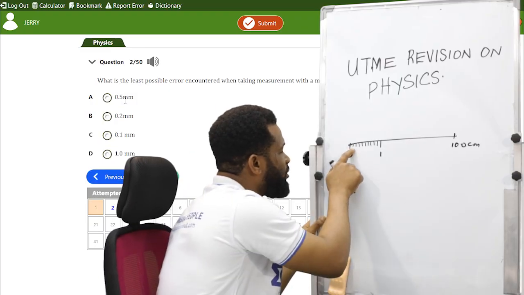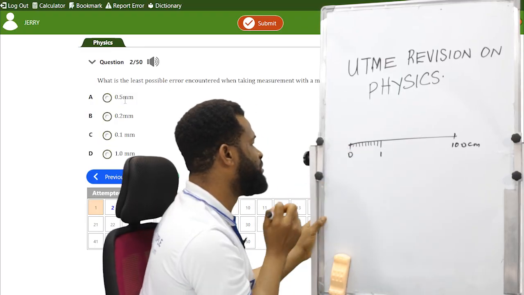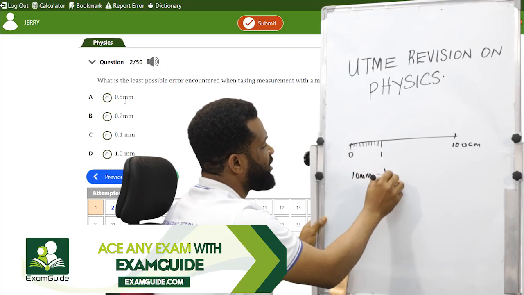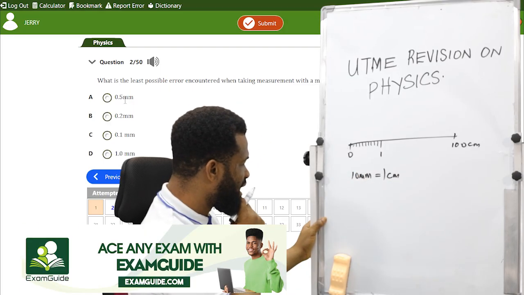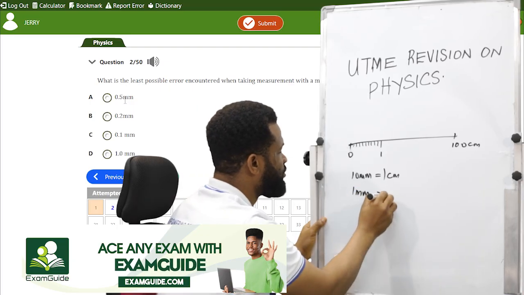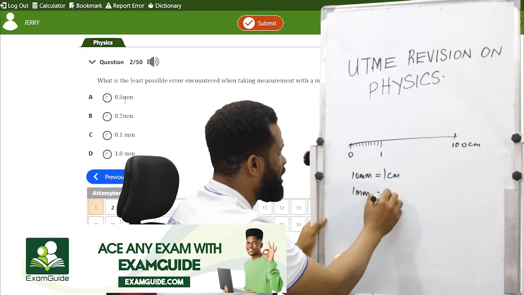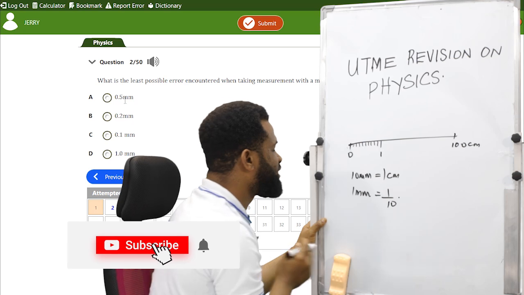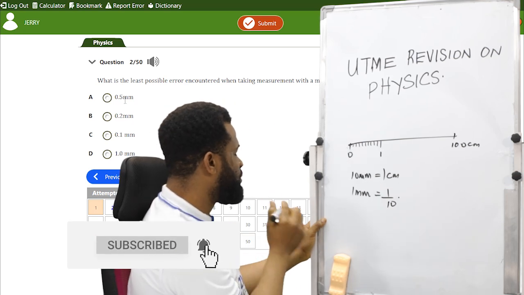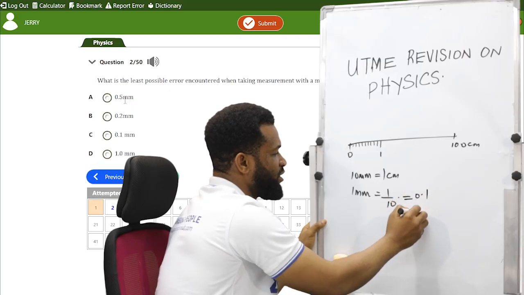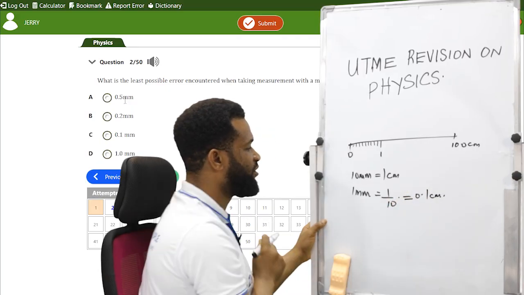Now, that means each of them means 10 millimeter. So 10 millimeter is equal to 1 centimeter. And then it means that 1 millimeter is going to be 1 divided by 10. Okay, so what this is telling us is that for each millimeter, you are going to be recording 0.1 of a centimeter, all right?